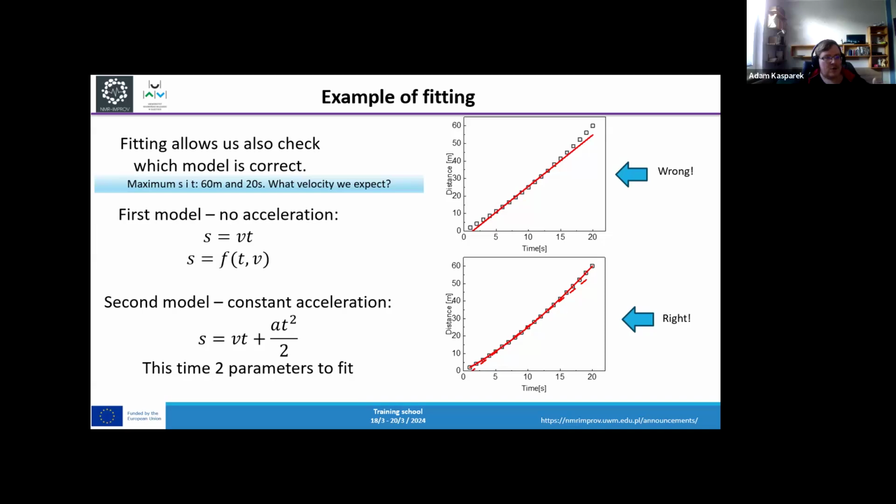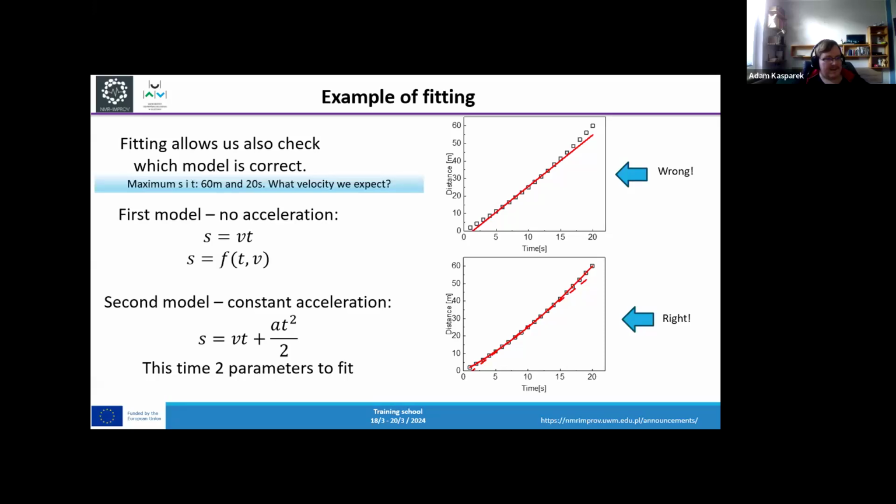Therefore, usually, if we give the model more parameters, the model will better reproduce reality, even if the model doesn't make sense, or the addition to the model, to be more exact, doesn't make sense. More parameters to fit may always give us better results.